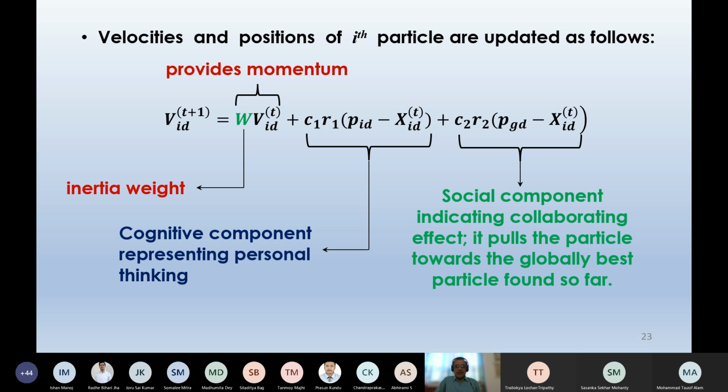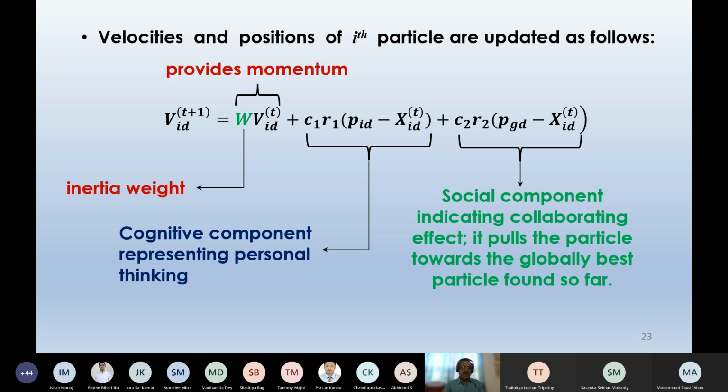If you want to update the position, the first thing you have to do is update the velocity, because position is nothing but velocity multiplied by time. S equals Vt, all of you know. So we have to update the velocity, and if you can update the velocity iteratively, then you will be able to update the position. Now let us see how to do it.